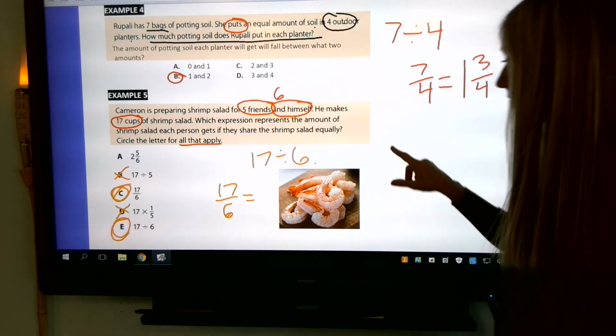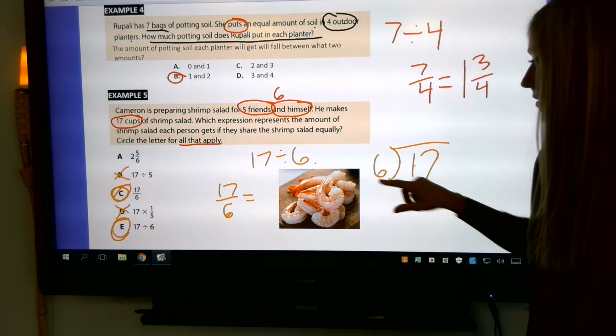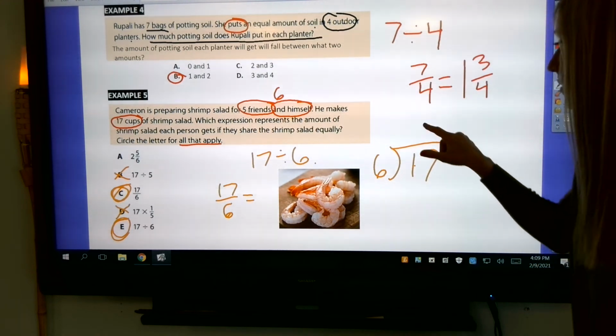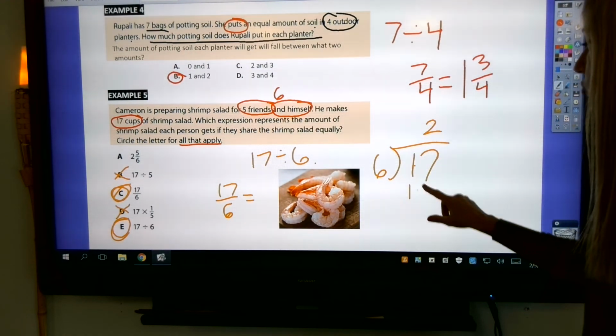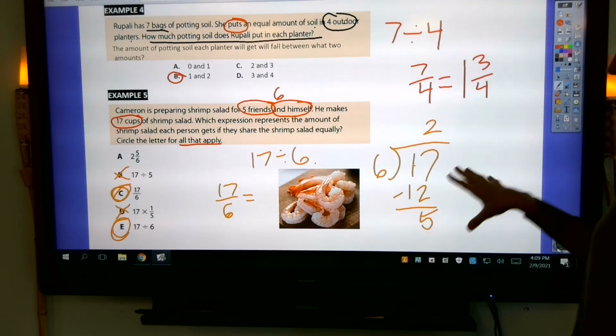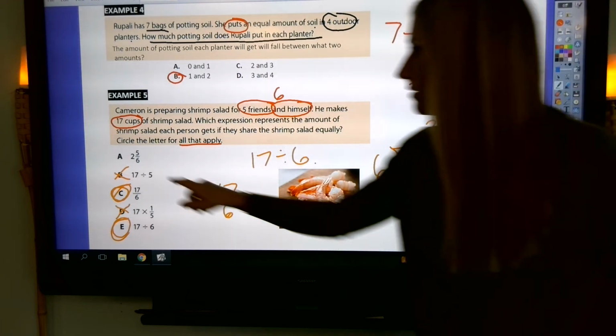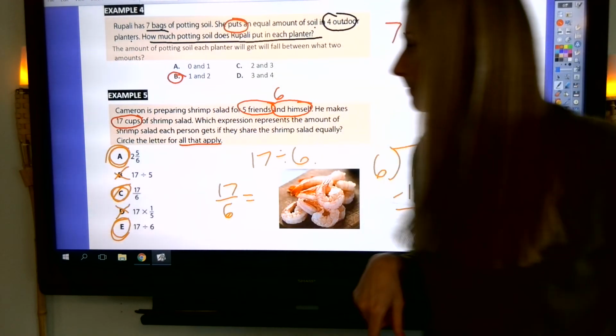Remember, you can divide. Let's do a review of that. 6 goes into 17 2 times. That would be a 12. 5 are left over. Okay, so this is our mixed number. We have 2 and 5/6. So all 3 of those are a possibility.